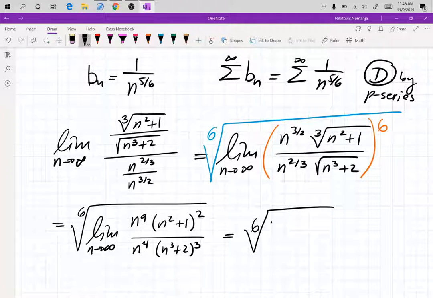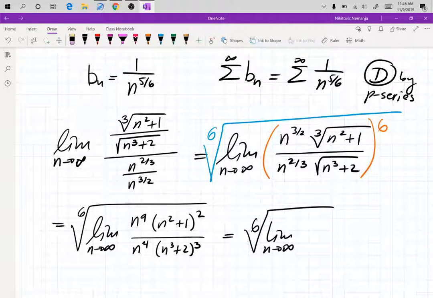The 6th root of the limit as n goes to infinity. And now what you have here is n to the 9 and n squared squared is n to the 4, so this is order n to the 13, right?